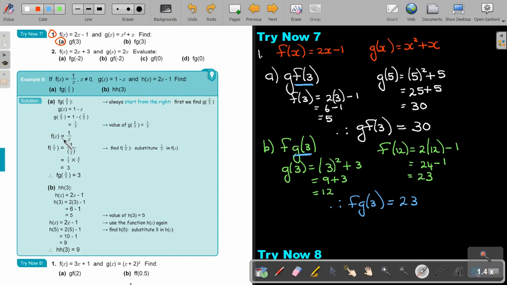And then I put it in f(x), and it's just a bit of fractions, and I simplify, and that's the answer. So start from the right, from the back. And then if they say hh, they repeat the function. So basically, you're going to first substitute in h, and then that answer, you're going to substitute again in h. And that's actually all that you do.